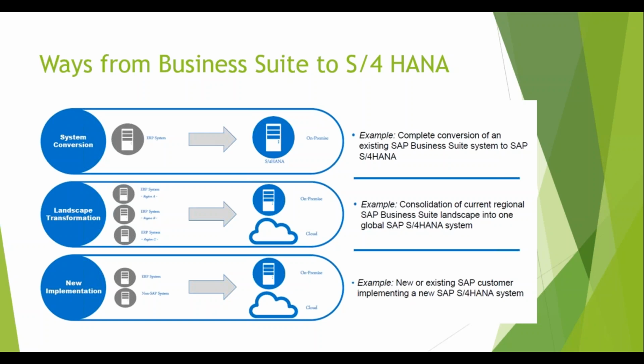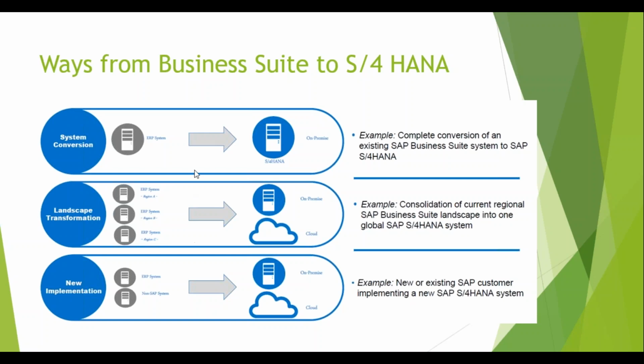Finally, landscape transformation. Okay, before landscape transformation, let me tell you, in the system conversion, you can see there is no cloud. If you are going for system conversion, it is only on premise. Why? I think somebody asked the question earlier, can I use the same hardware? When you talk about system conversion, this means you need to use the same hardware.